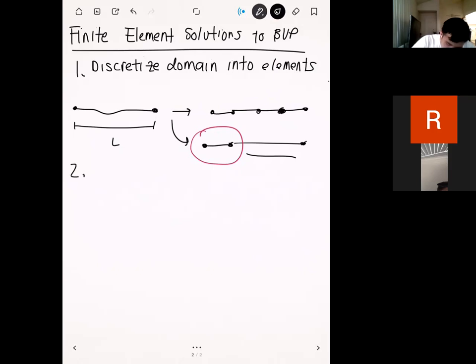Okay. The second thing that we did, and this was what we did for most of last time, was we had to assume a functional form, okay?